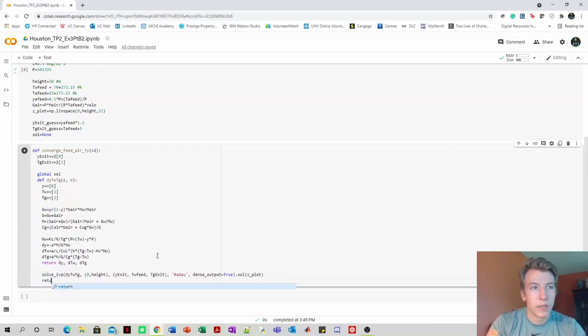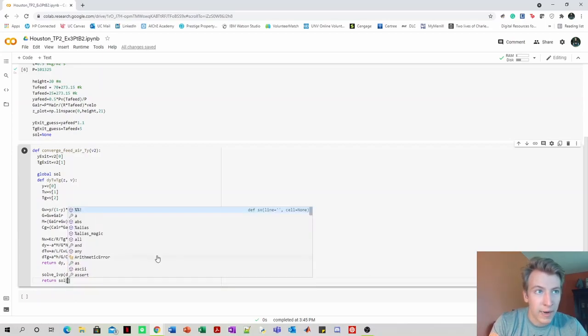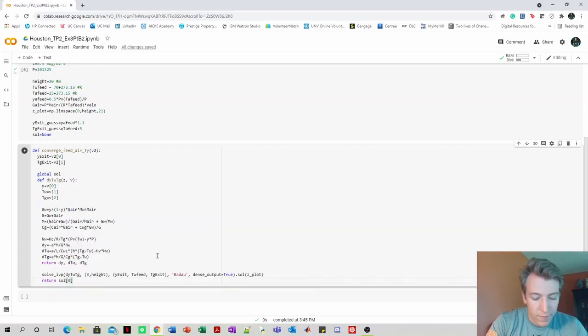Then we want to return sol bracket 0 for the first set of our values, to -1, which is the last of the fraction. And then we want to subtract the YA feed, I believe. Yeah, okay. And that's going to give us one of our roots.